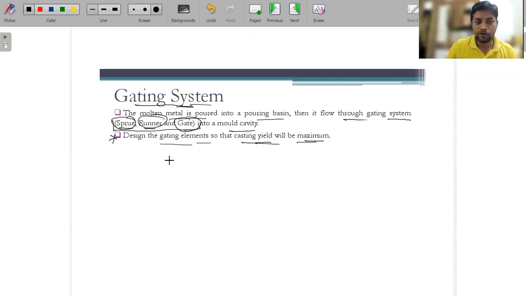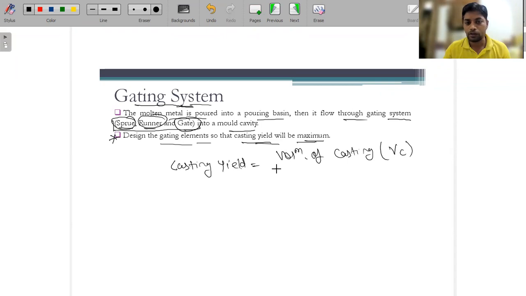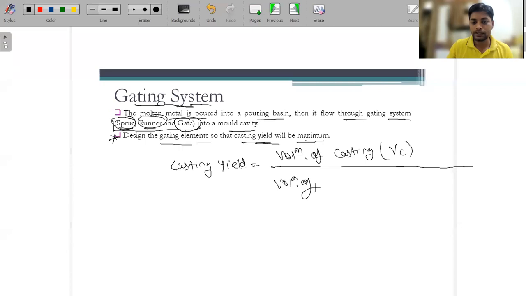For that there is a formula: casting yield will be equal to the volume of casting, here we can say VC, or volume of mold also we can say, upon volume of casting VC plus volume of gating elements, that is VGE.